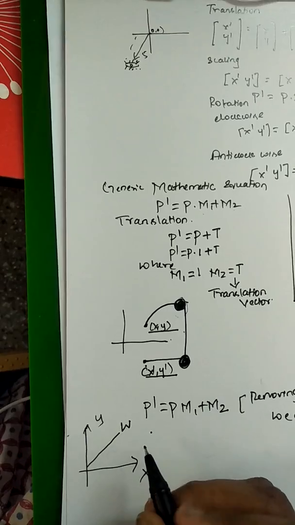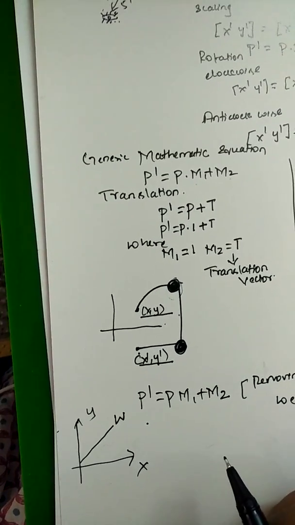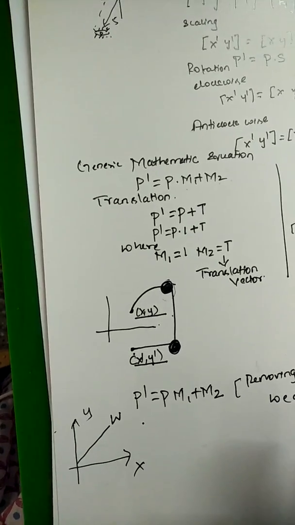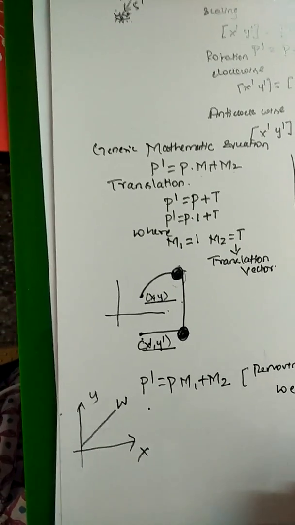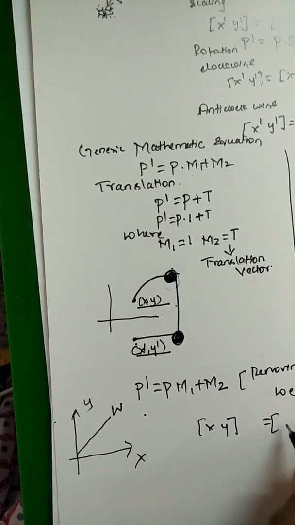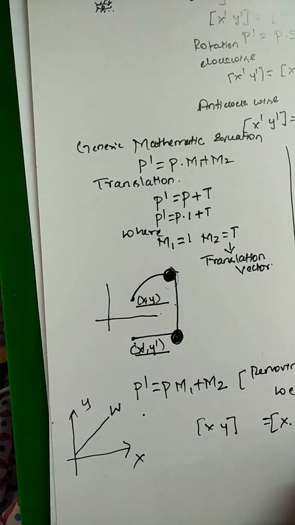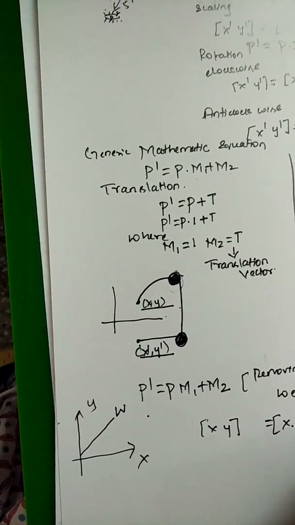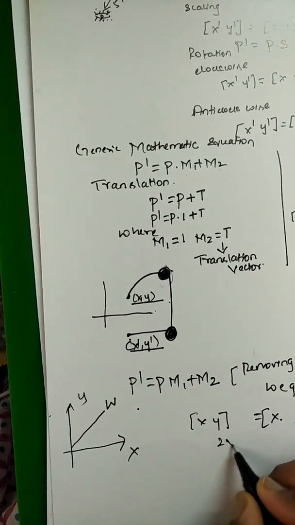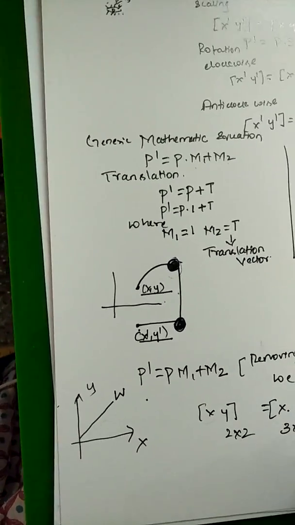So the yield of that, whether we get it with respect to 2 cross 2 or 3 cross 3, doesn't affect the object definitions here. For example, X and Y will be represented with X, Y and W, that is, a 2D vector to a 3D vector.